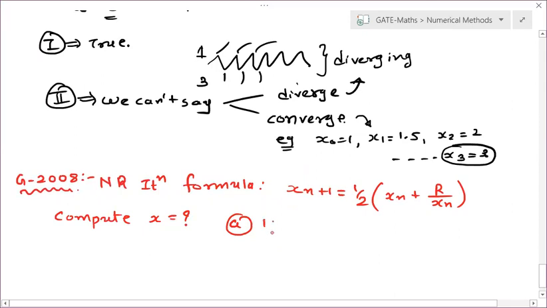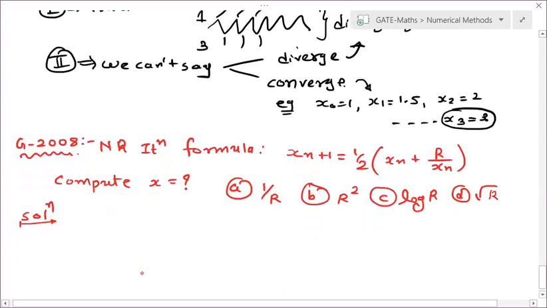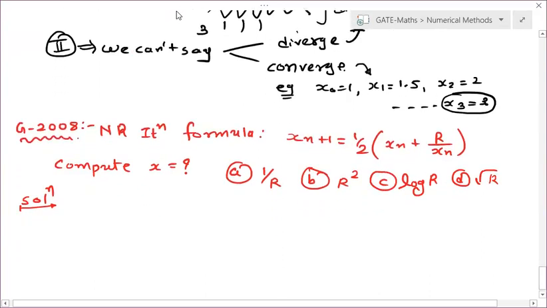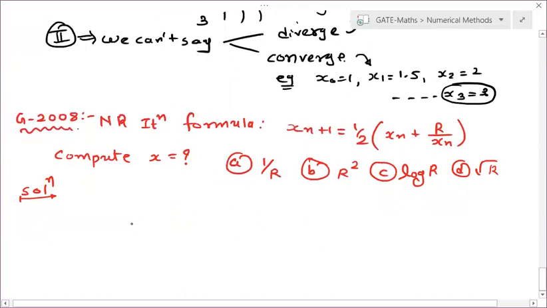Option A is 1 by r, option B is r square, option C is log r, option D is root r. So the Newton-Raphson iteration formula is this, compute x. So tell me, from here how can we compute x?